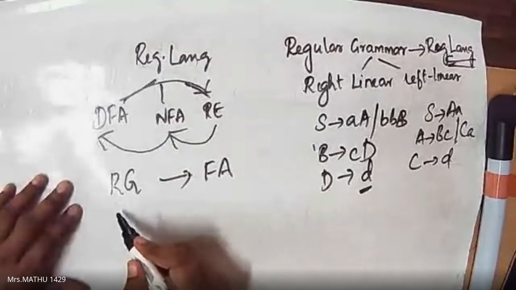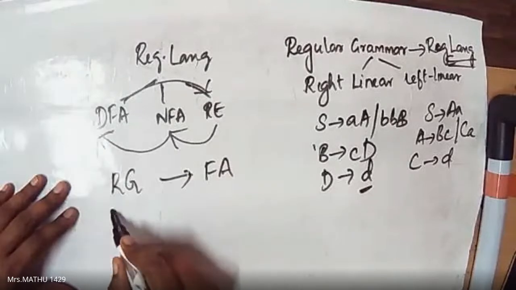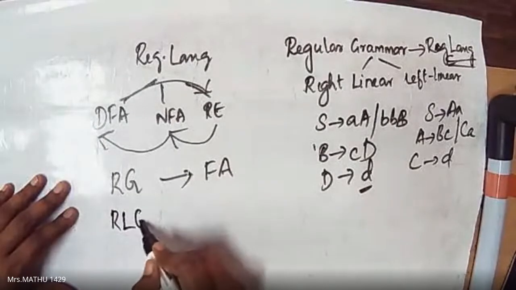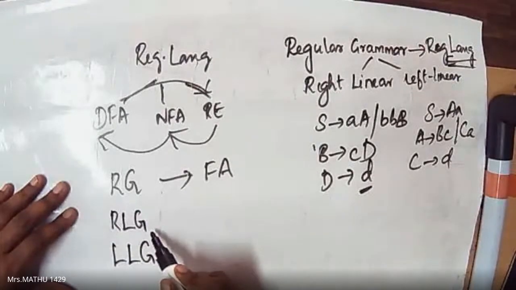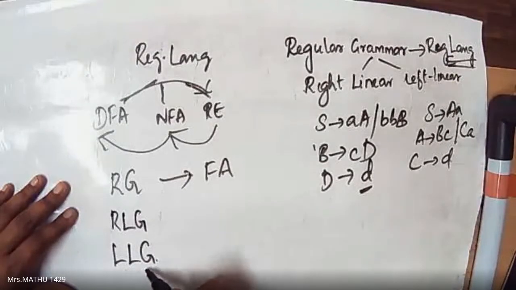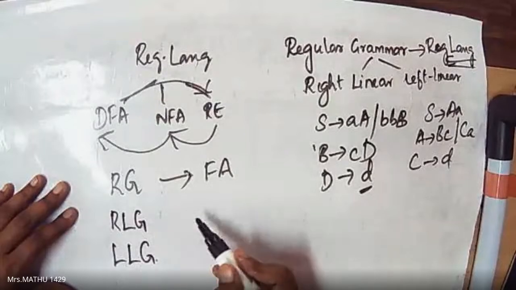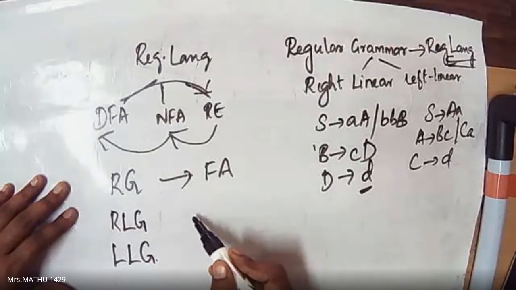Since we have regular grammars in two forms, right linear grammar and left linear grammar, RLG represents right linear grammar, and LLG represents left linear grammar. From both the forms, it is possible to convert into a finite automata.